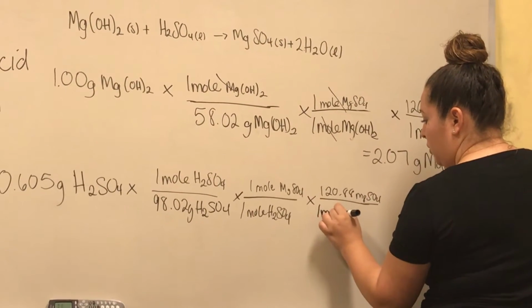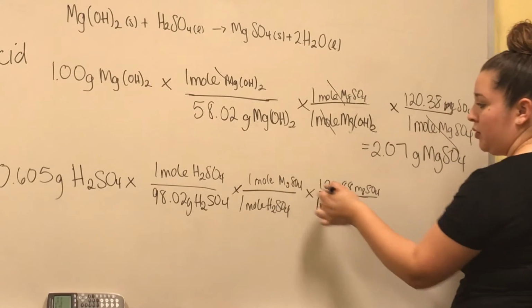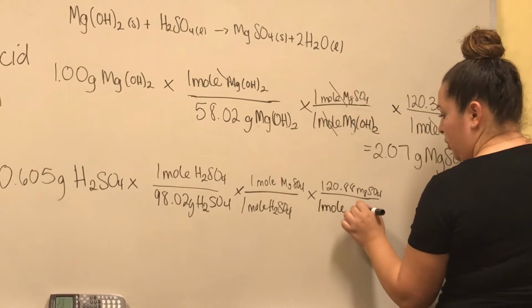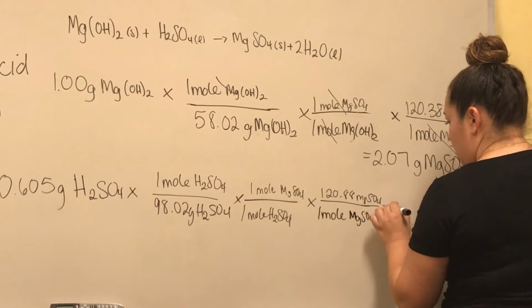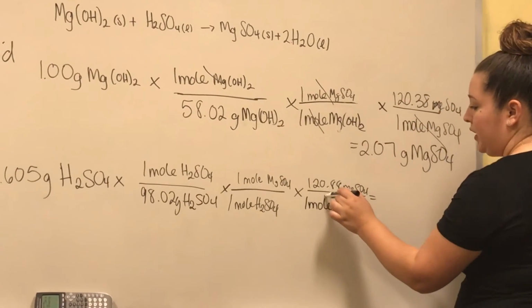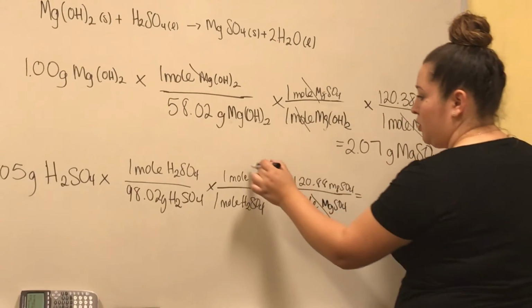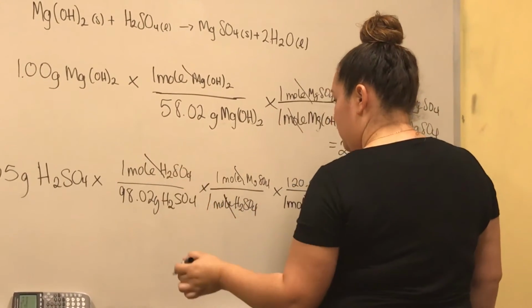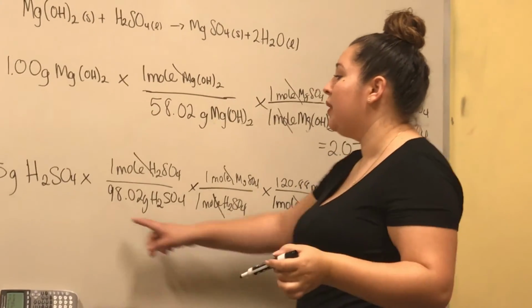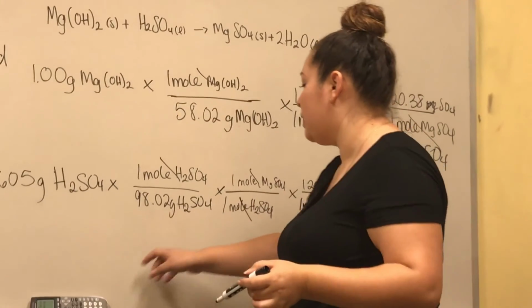You want to make sure you write the same thing you have on top here so you can cancel them out. So it's 1 mole of magnesium sulfate. So you go ahead and cancel out your equations. So these top and bottom cancel out. Same thing with these two. And then you're going to multiply your top and then divide by the bottom.